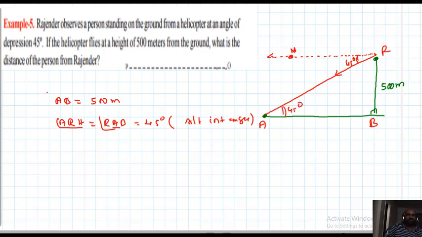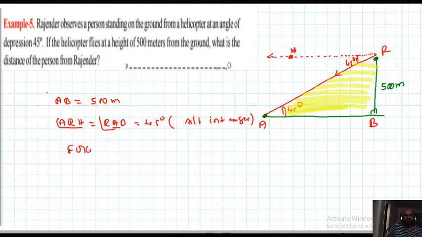Okay. So now, students, observe, here from this right triangle, I want the hypotenuse. The opposite side is given. The best trigonometric ratio is sine.